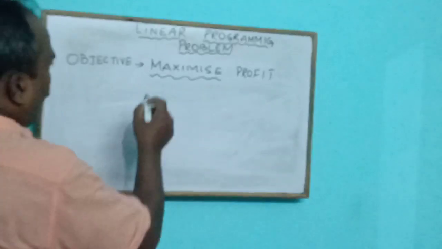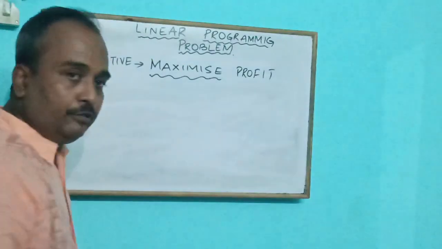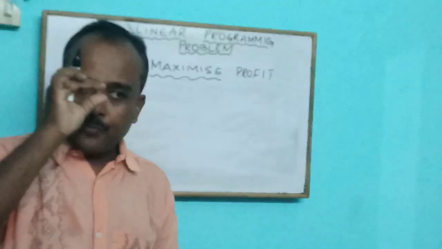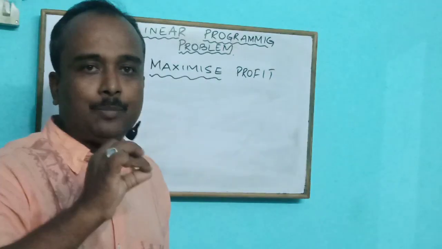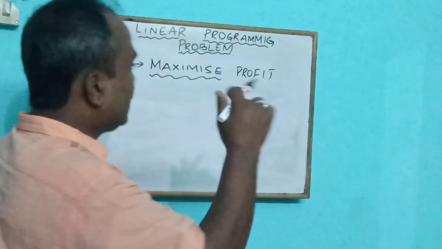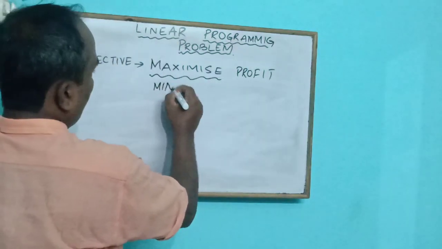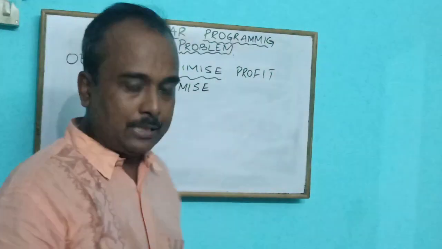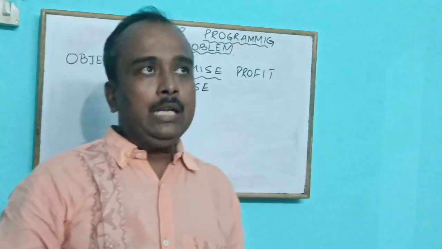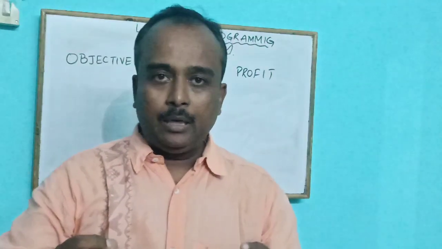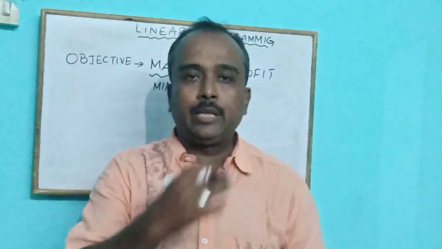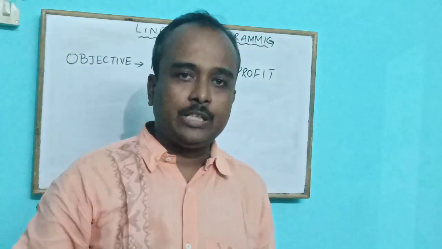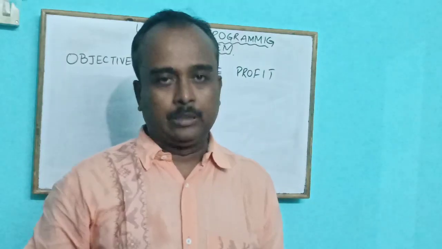So whenever we have a problem in a real life situation, we know what our goal is. Our goal is to maximize, or sometimes it is minimize also. When it is minimize, suppose a manufacturer produces some products and he wants to transfer his goods to a distant place.